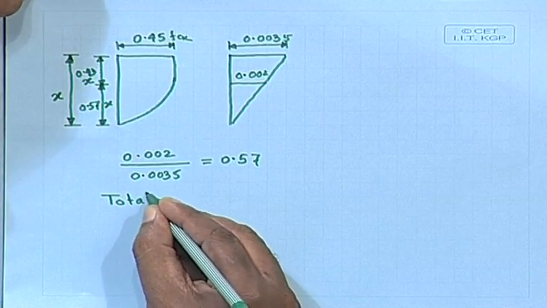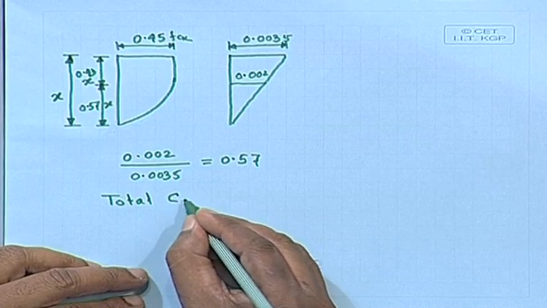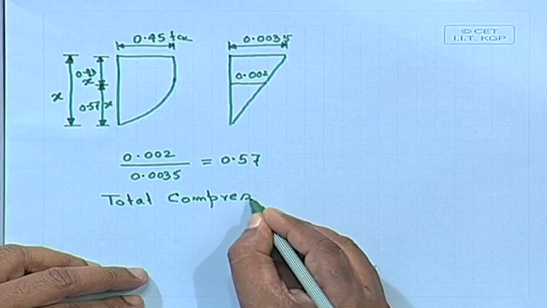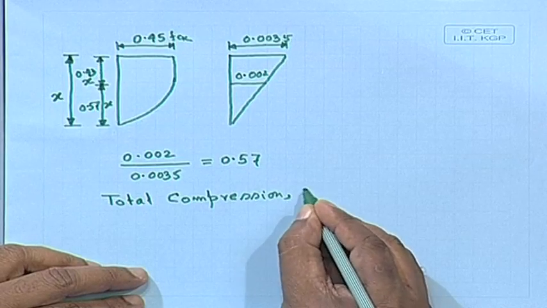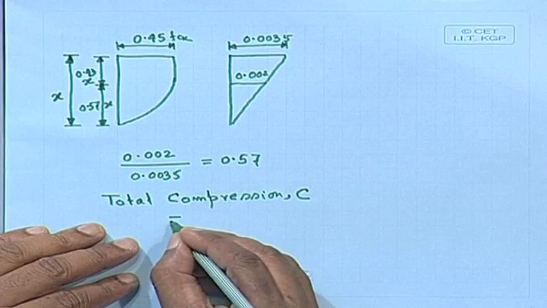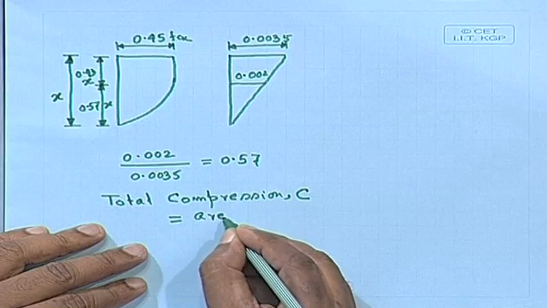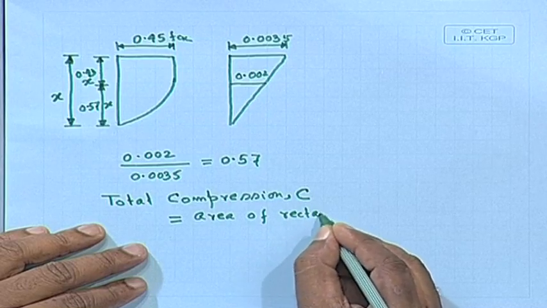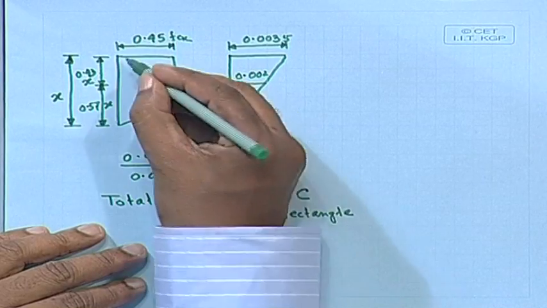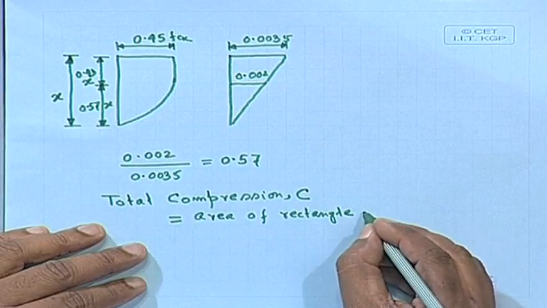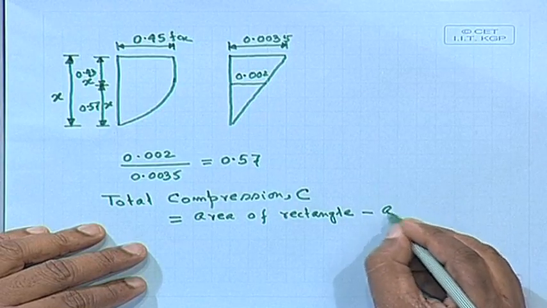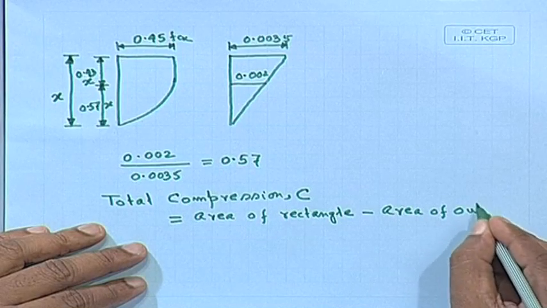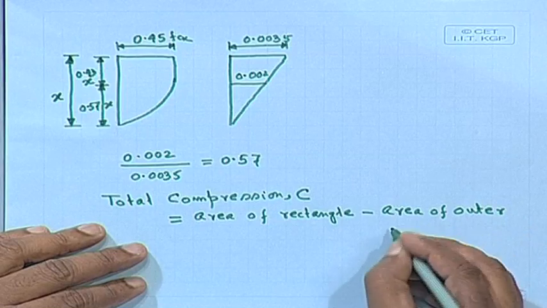total compression C equal to area of rectangle, the full one, minus area of outer parabola.